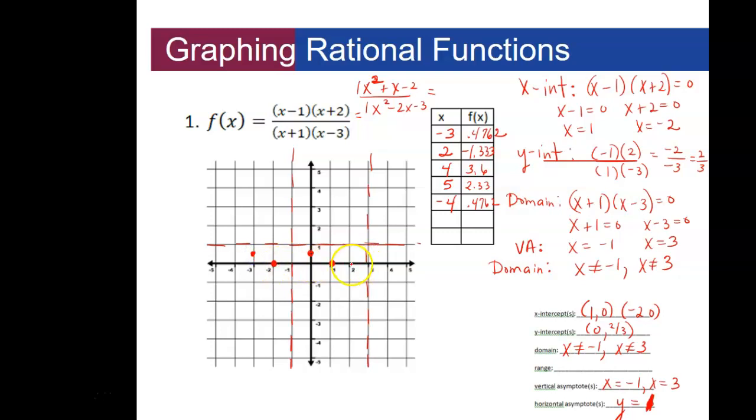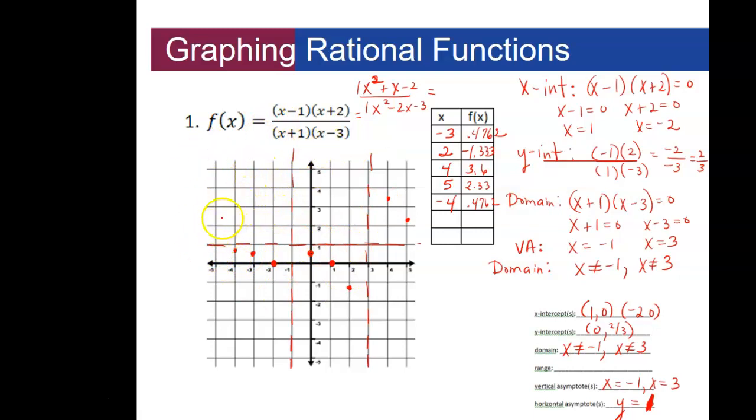And then 2 was negative 1 1/3, so somewhere in here. 4 is 3.6, so up here. 5 is 2 1/3, and then I also had negative 4, which was here.